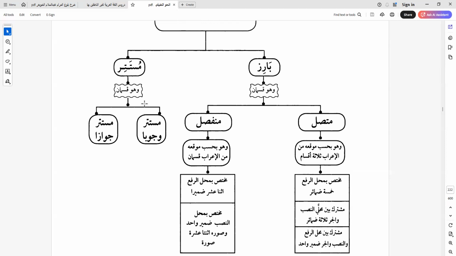Now, damir mustatir is very easy, so let's look at them. We have mustatir wujuban, which is what we call mandatory concealment, and then we have optional or permissive concealment.